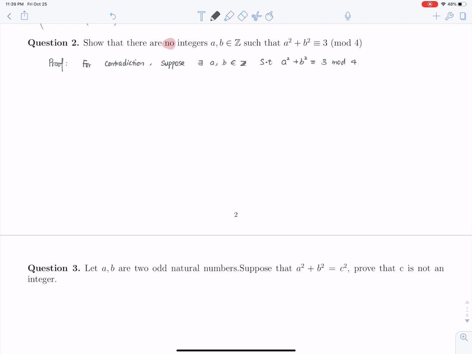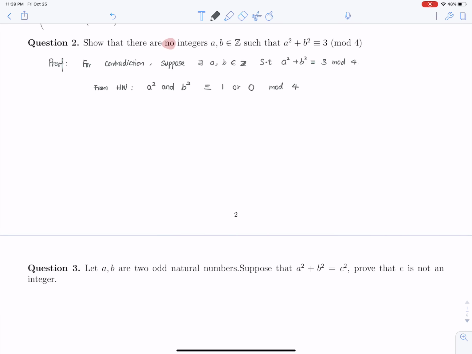Now, from your homework, we know that a squared and b squared are congruent to 1 or 0 mod 4.